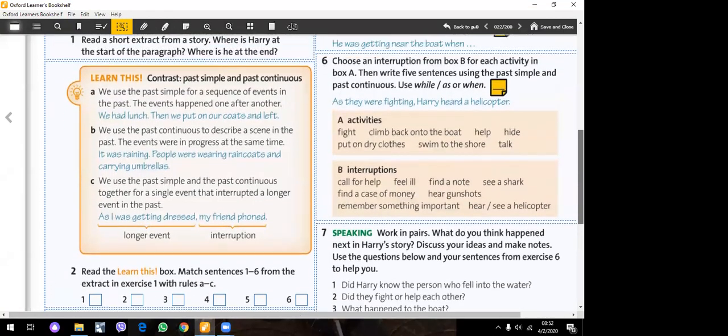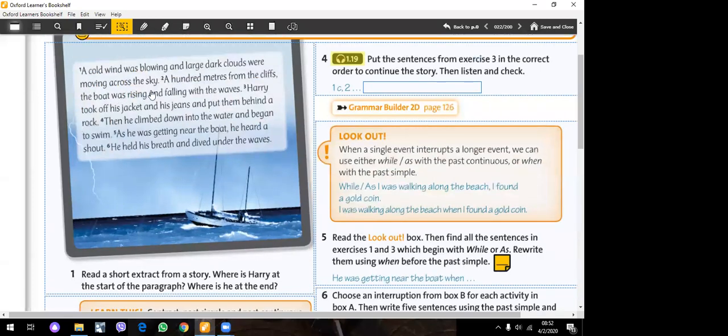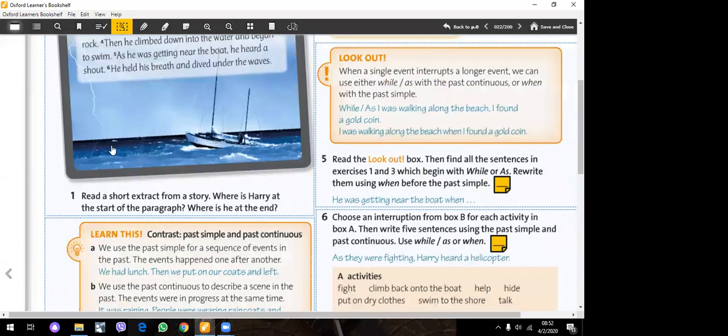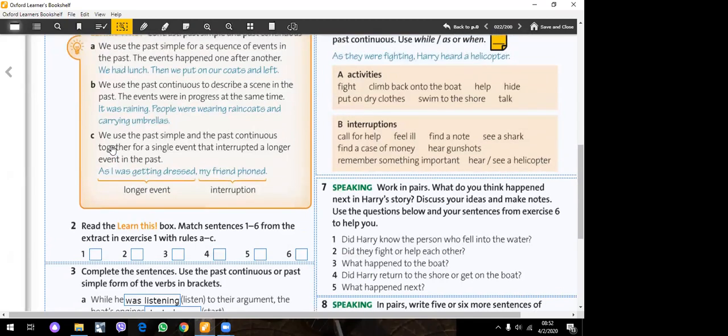Here we have 1 to 6. Extract. You will match these sentences with these rules.